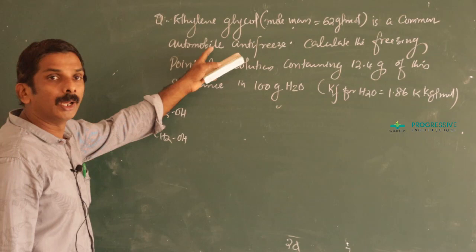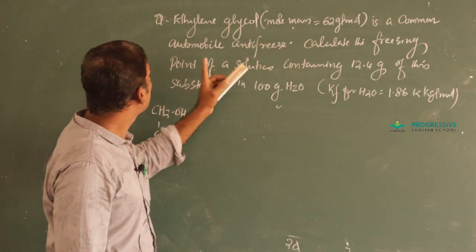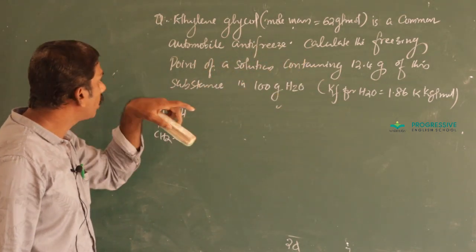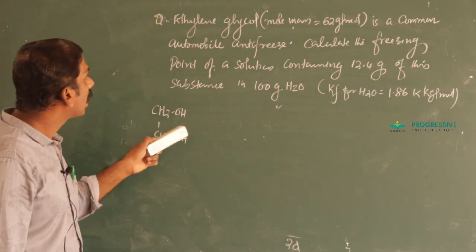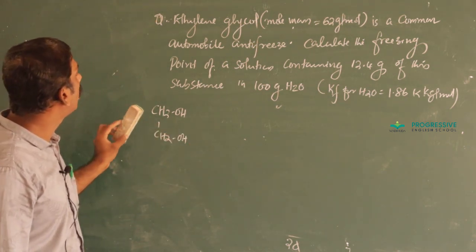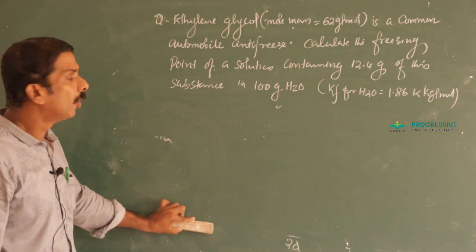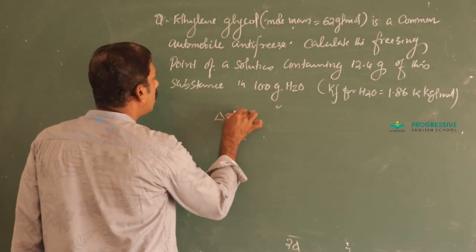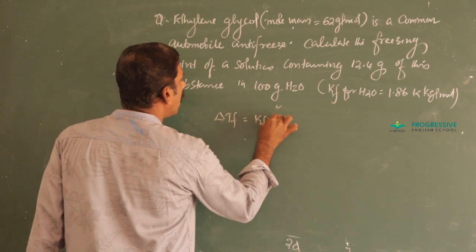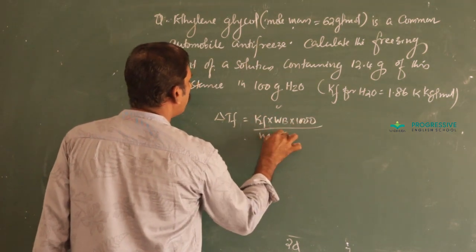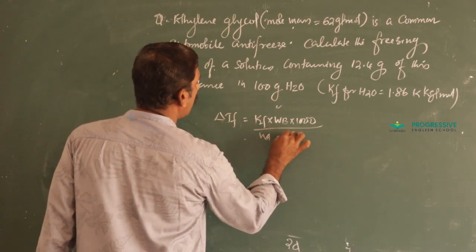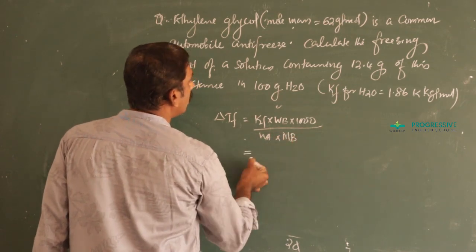First of all, you have to find the value of delta Tf: delta Tf equal to Kf into Wb into 1000 divided by Wa into Mb.